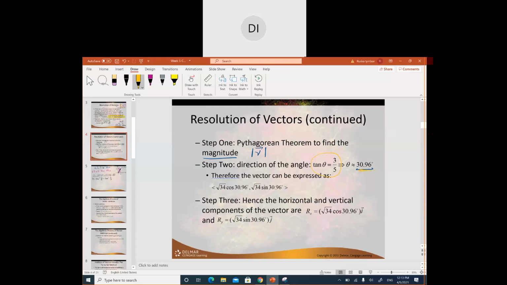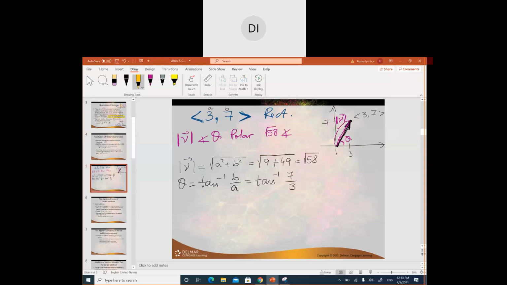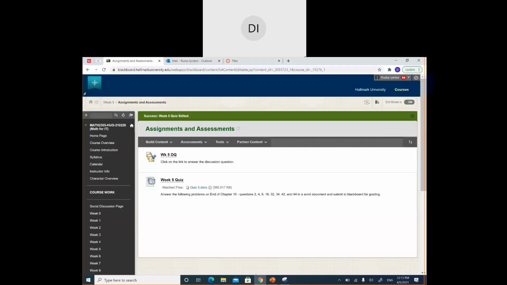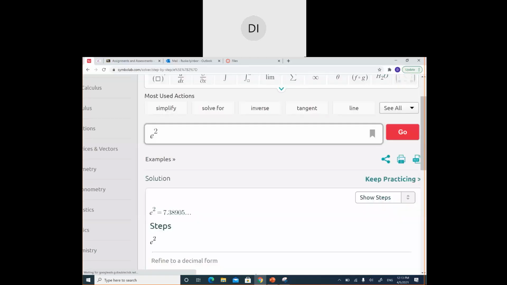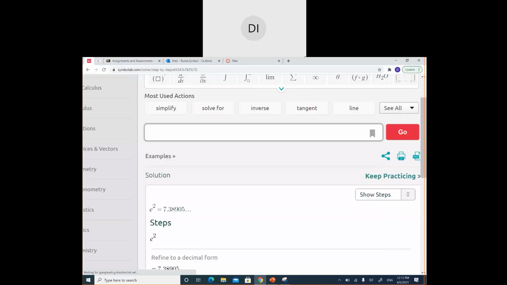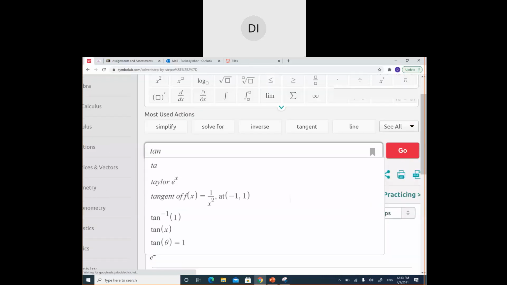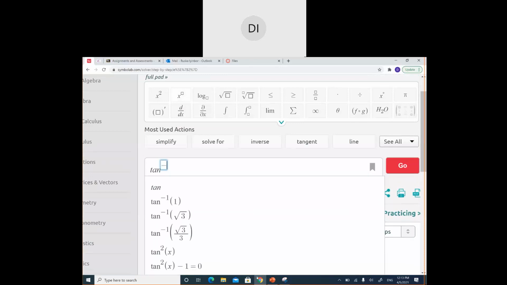So I'm going to show you right now how to do the angle. Let me show you. I'm going to plug it in. Okay, so I need to put tangent inverse. I'm just going to type tan, then put the -1 exponent, which is tangent inverse.